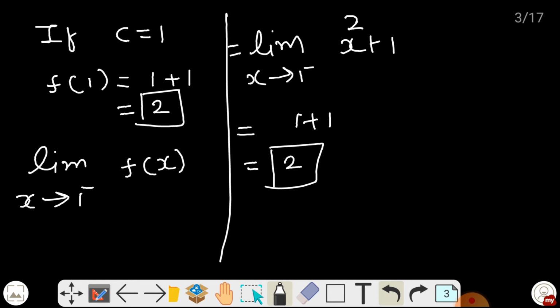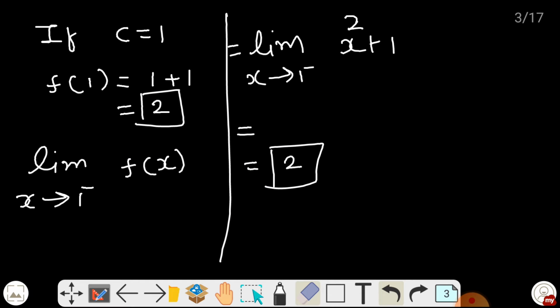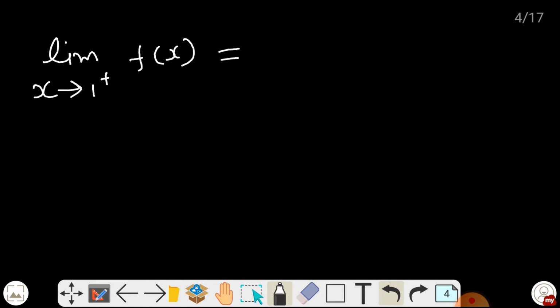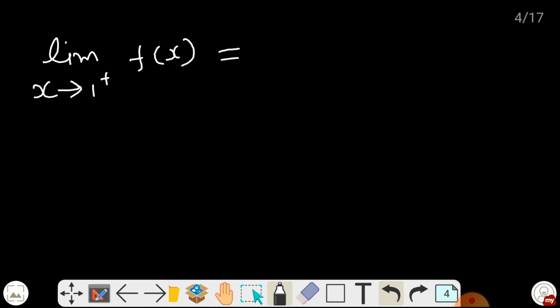So 1 square plus 1, which is 1 plus 1, which is 2. It doesn't change our answer, but it will change our calculations. So it is really important that you write the calculation part correctly also, otherwise you will lose marks, or your answer will be wrong.